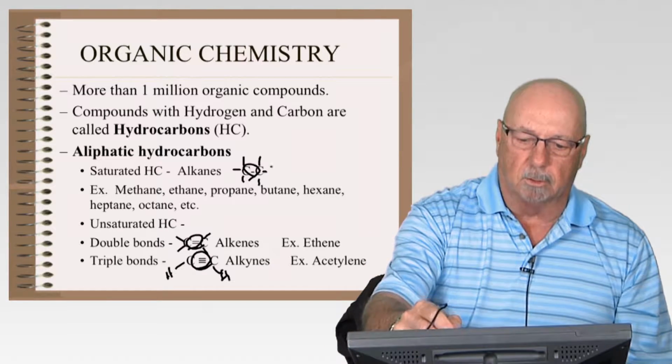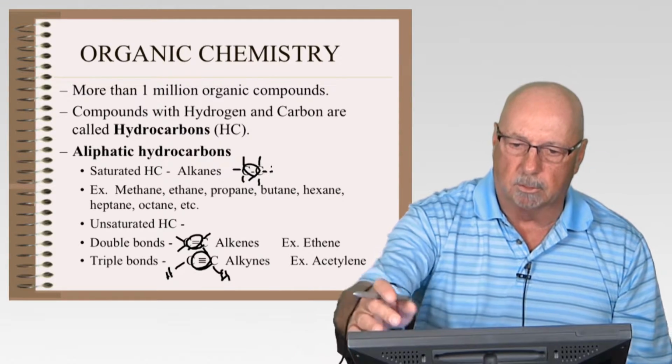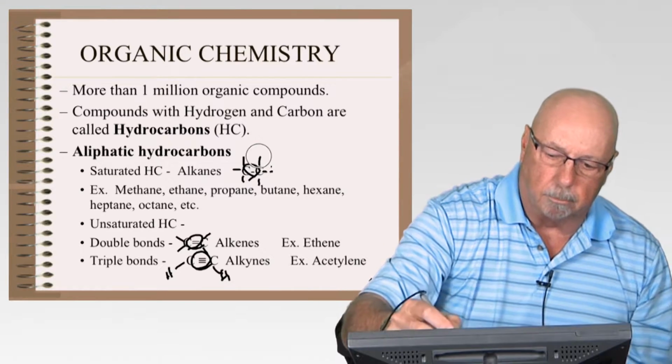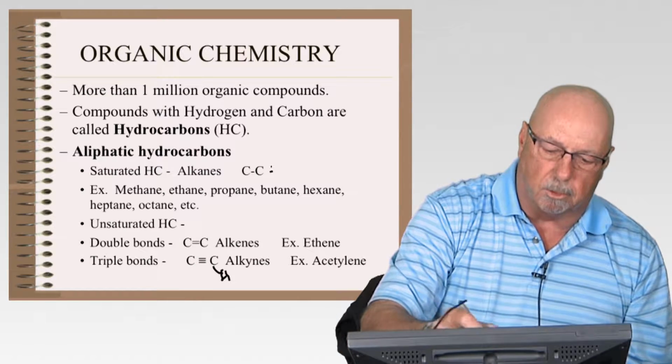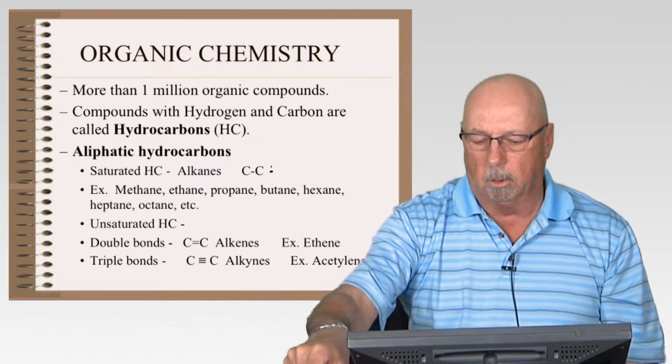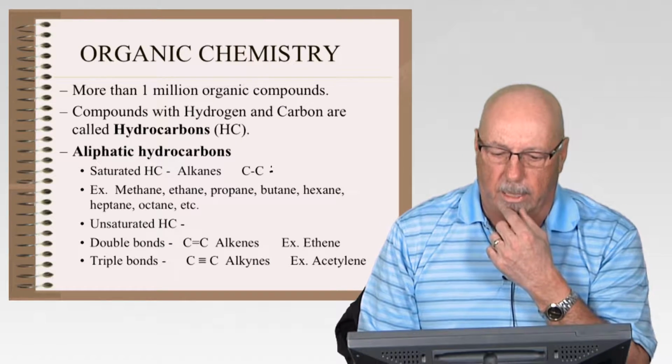These compounds are going to be a little more stable than these double and triple bonds that you have going on here. So again, that's just something that can help you when we start talking about hazardous substances and their reactivity and so on.